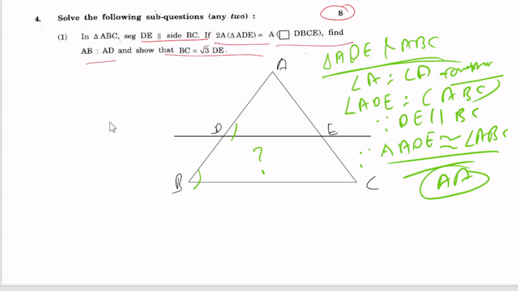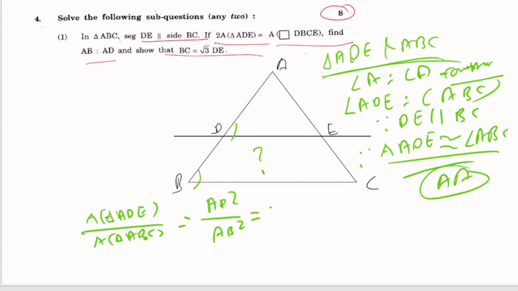So we can write a relationship. Let's write that relationship. The relationship says that area of triangle ADE upon area of triangle ABC is equal to the ratio of squares of their respective sides. So AD square upon AB square, DE square upon BC square, similarly AE square upon AC square.